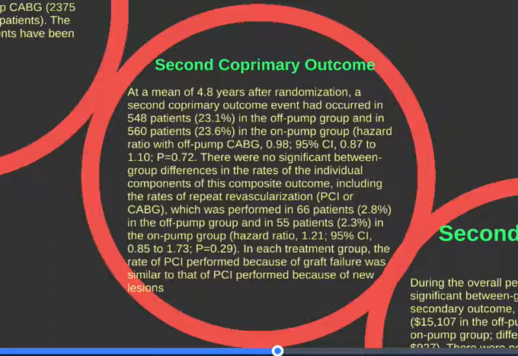Second co-primary outcome. At a mean of 4.8 years after randomization, a second co-primary outcome event had occurred in 538 patients in the off-pump group and in 516 patients in the on-pump group.